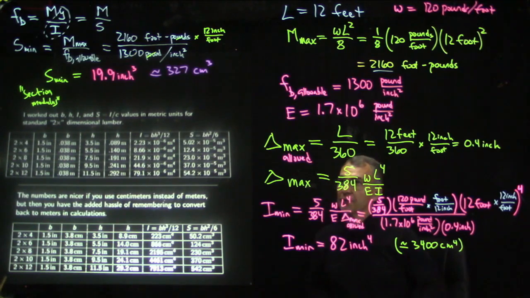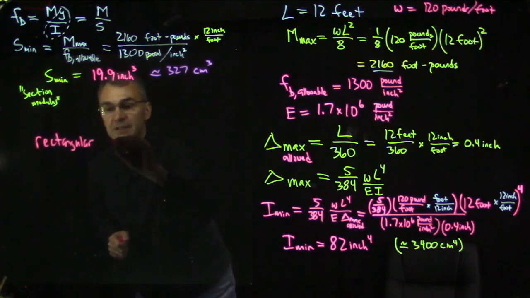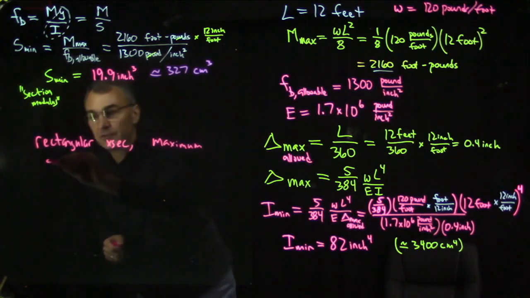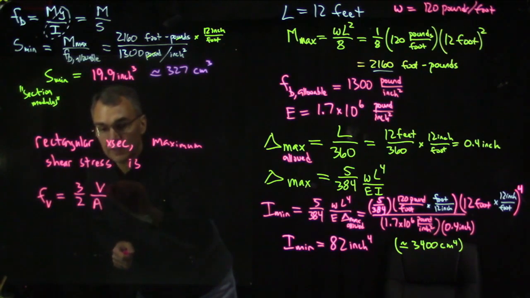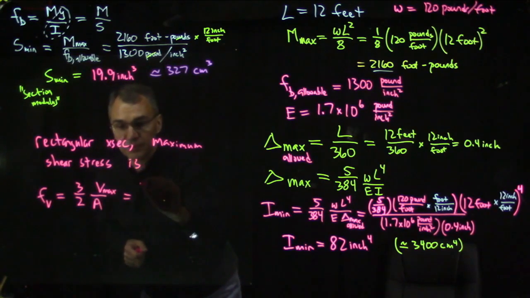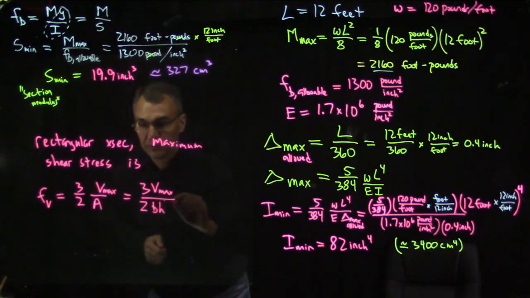I think the third criterion that we could check, if we had the right input, is the shear stress. So for a rectangular cross section, the maximum shear stress is 3/2 V over A, where A is the area of the cross section. So this is 3 Vmax over 2, and this is the width times the height of the cross section.